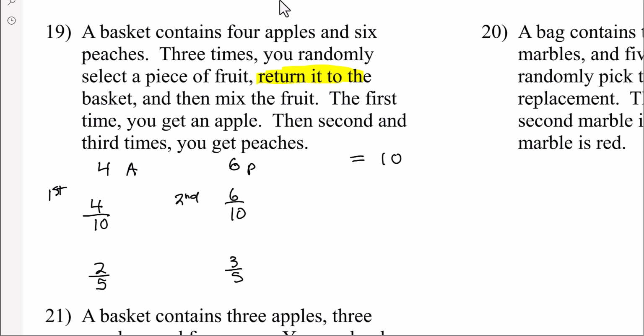And then 6 out of 10 again, because this is the third time you draw. Because of the word and, we're going to go ahead and multiply. 2 times 3 is 6. 6 times 3 is 18. 5 times 5 times 5.